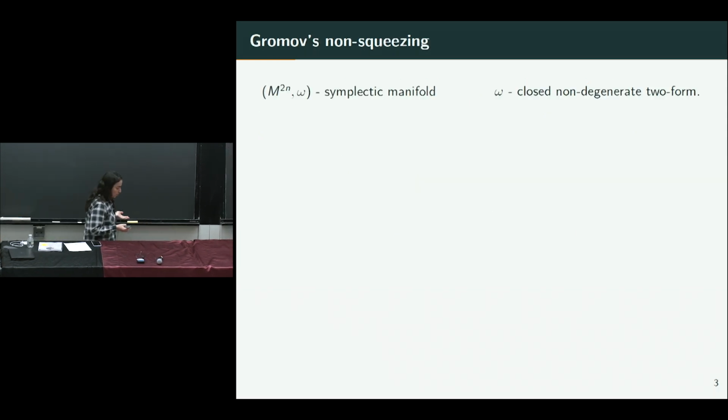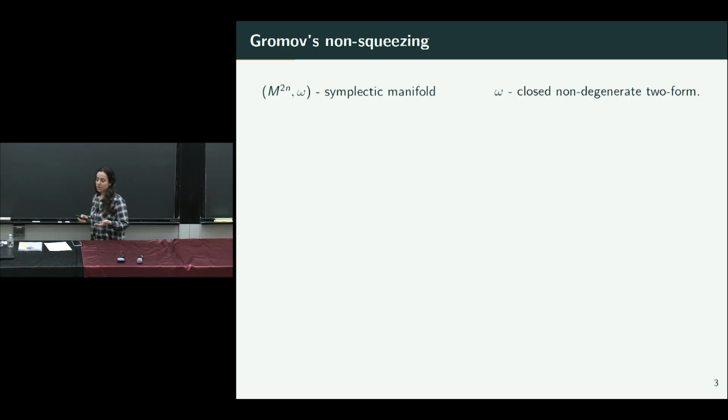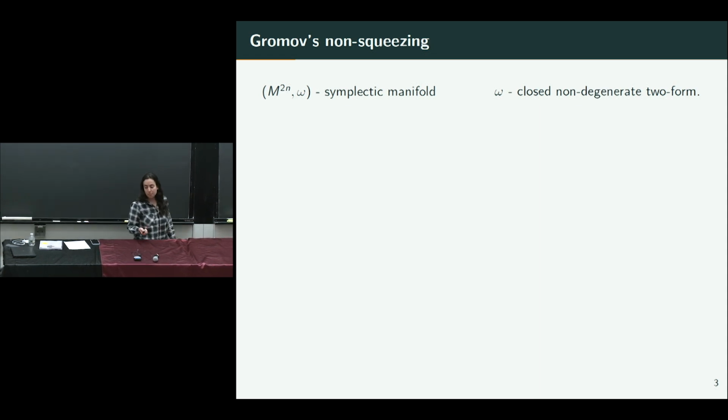One can generalize this story to an arbitrary manifold. We take an even-dimensional manifold, and if we can equip it with some closed and non-degenerate two-form, which we call the symplectic form, then we can recover the same procedure.